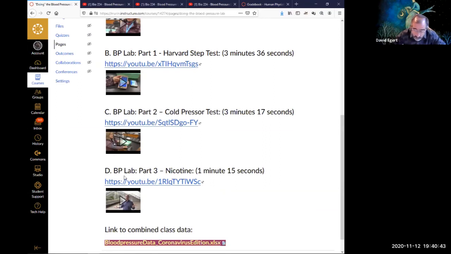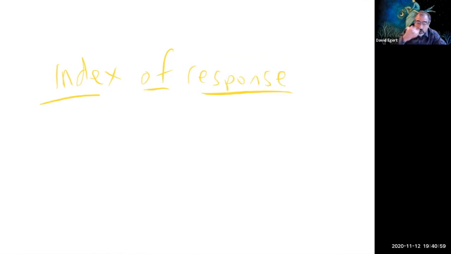I should mention we have to talk about index of response. So this is trying to look at how far from resting their blood pressure goes during the noxious stimulus.